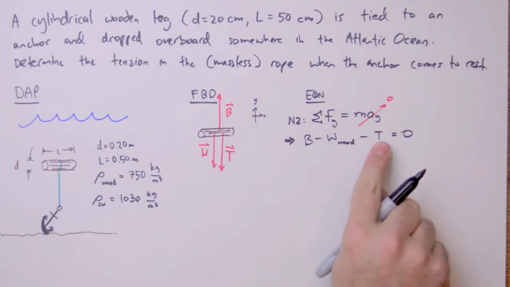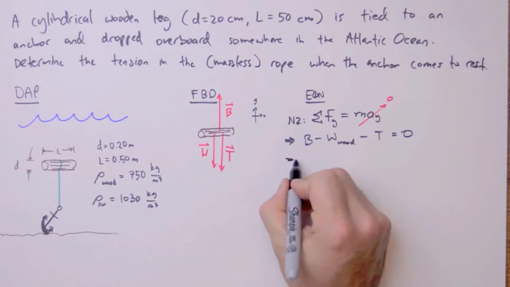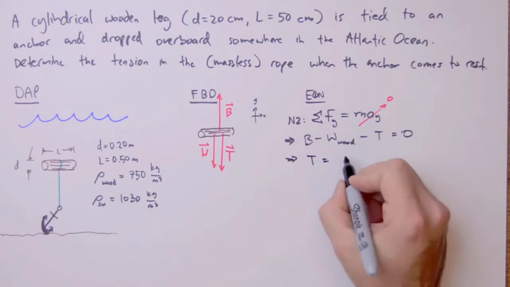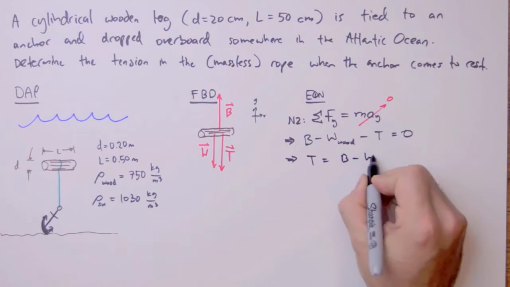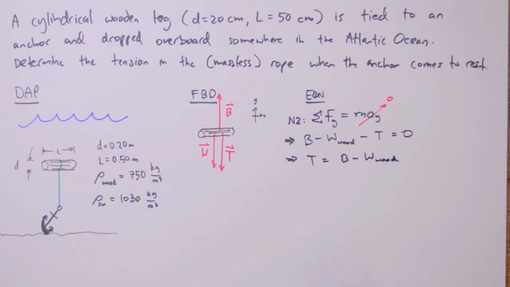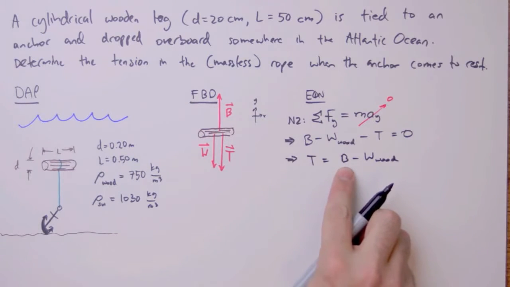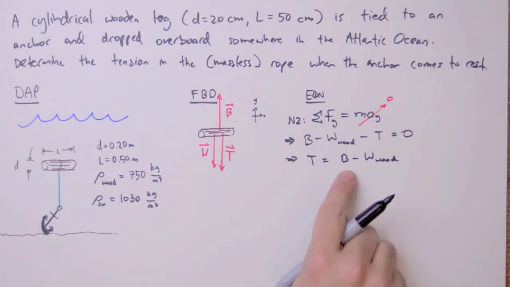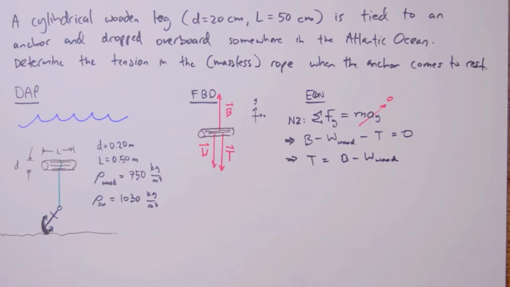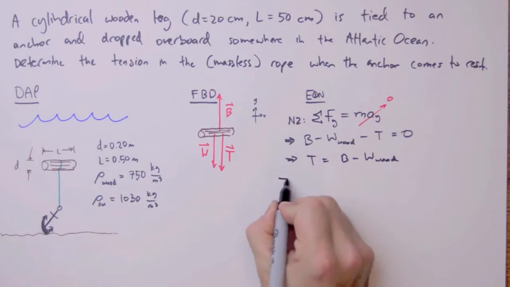Since we're looking for T, we can move that to the other side. I'm going to write it this way just so it's a little clearer. And now we need an expression for the buoyant force acting on this object. Well, Archimedes' principle tells us that the buoyant force is equal to the weight of the displaced fluid.